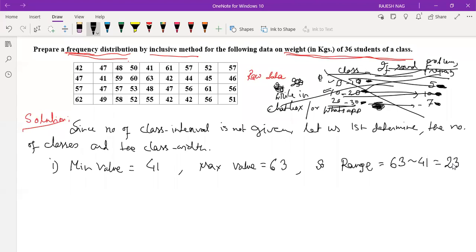Your calculation gives a difference of 4, I understand, but the range is what? 2 is included, 3 is included, 4 is included, 5 is included, 6 is included. So the range is 23, right?